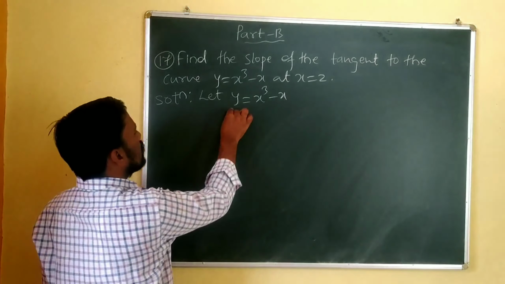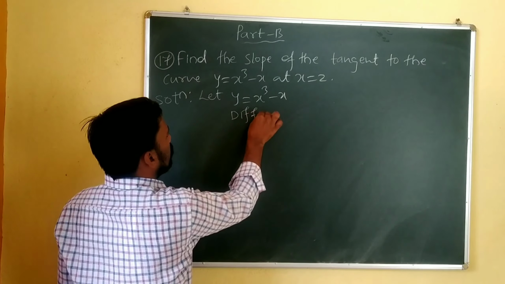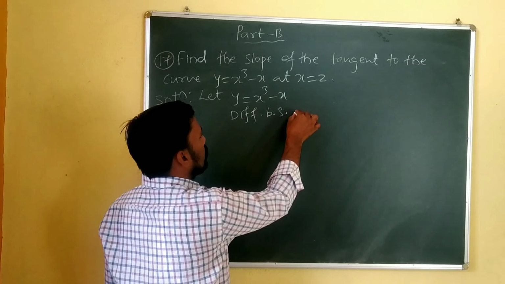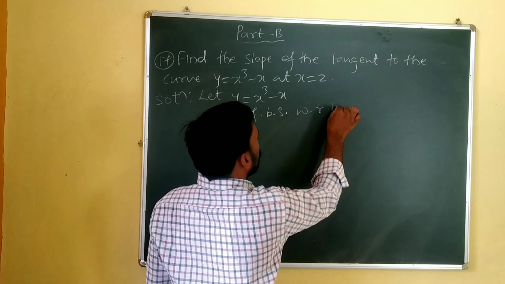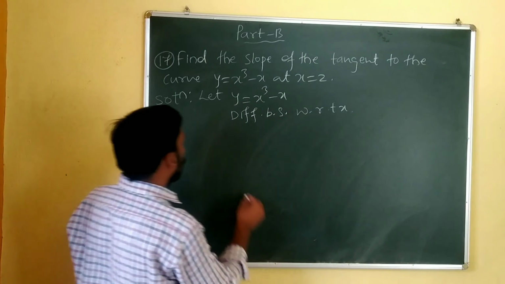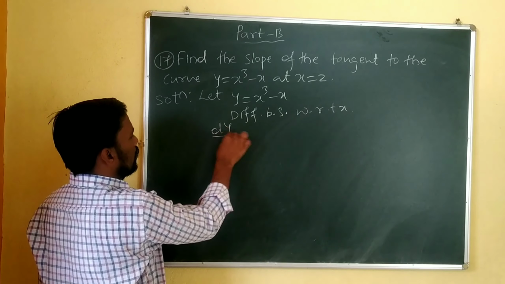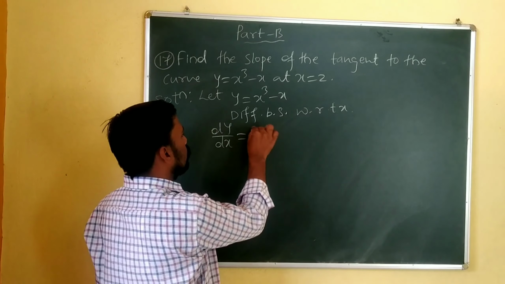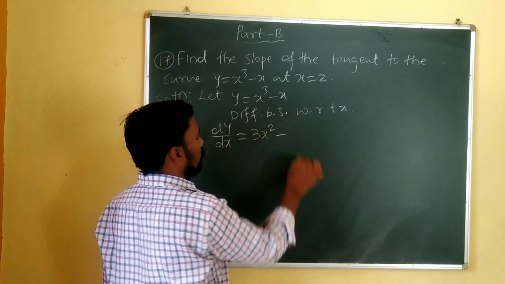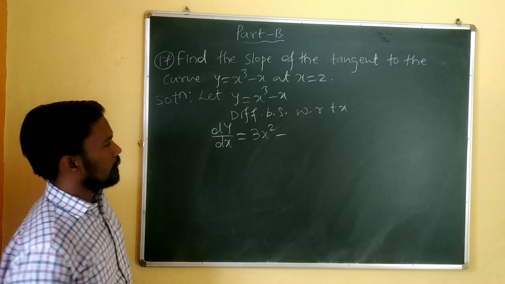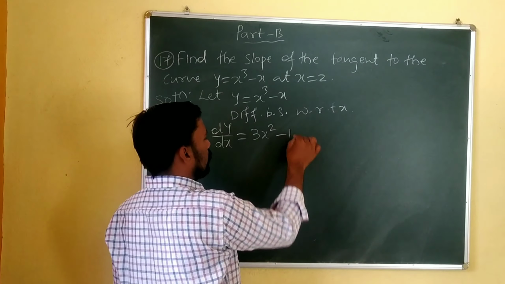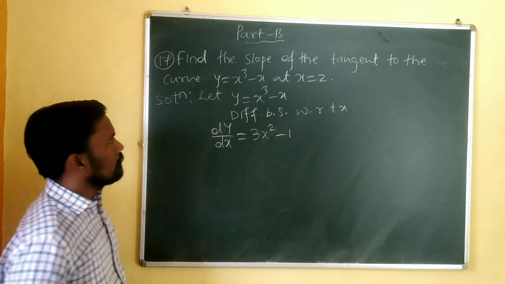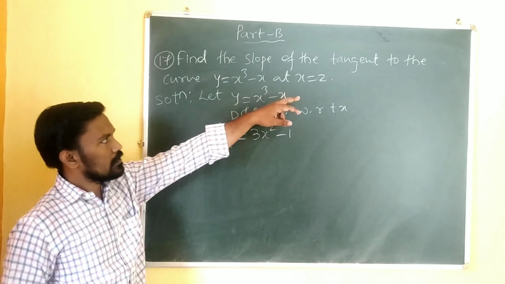Now differentiating both sides with respect to x. The derivative of y with respect to x is dy by dx. That is equal to the derivative of x cube, which is 3 times x square, minus the derivative of x with respect to x, which is 1. And we need to calculate the slope of the tangent at this particular point.